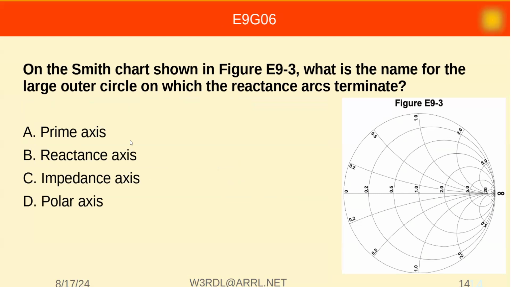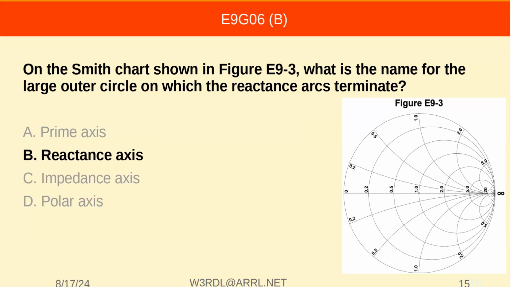Let's see, on E9G, the name for the large outer circle on which the reactance arcs terminate. Did I hear a bravo?